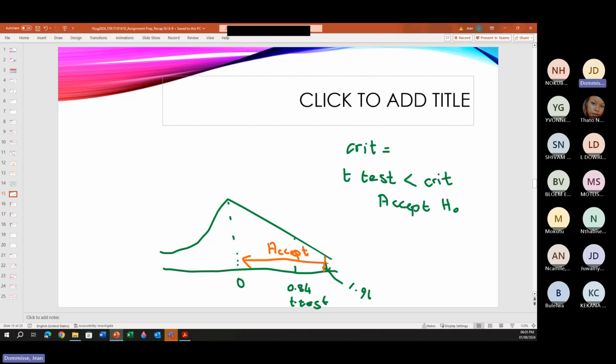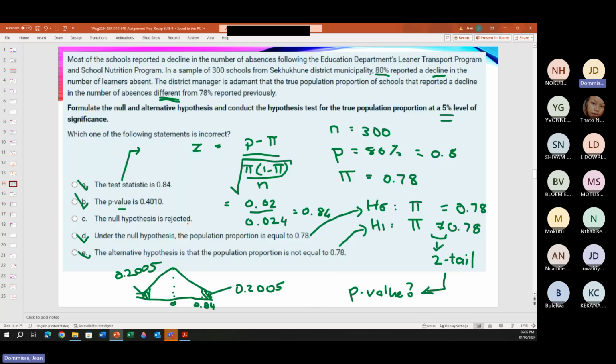If my t value falls outside of it, I will reject it. And I will quickly show you on that other slide as well. But let's just quickly check. So falls within, I accept. They said it should be rejected, and that is why option C is wrong.